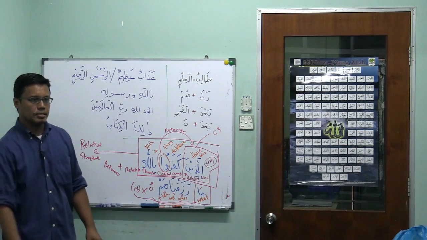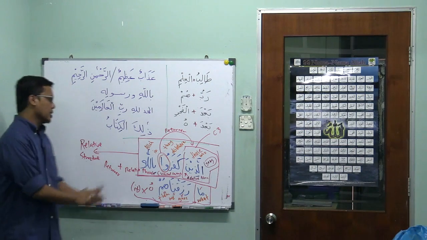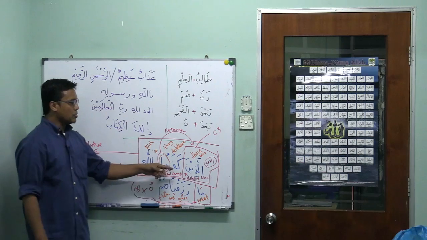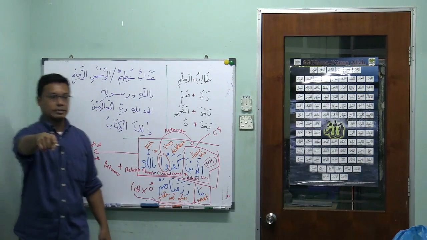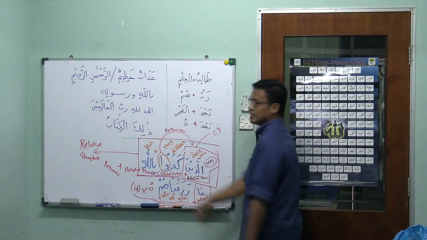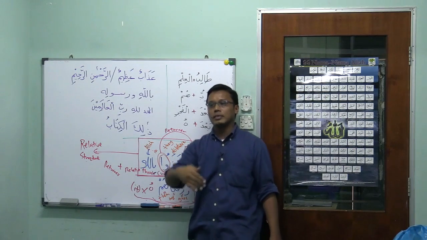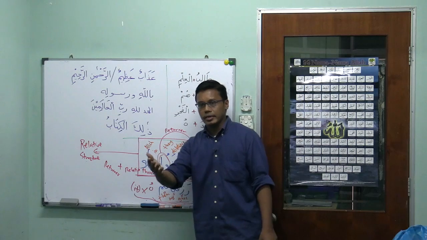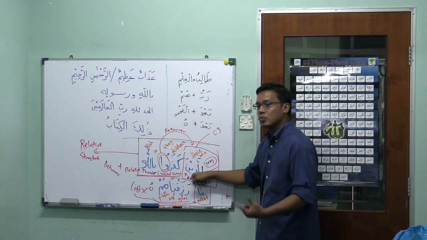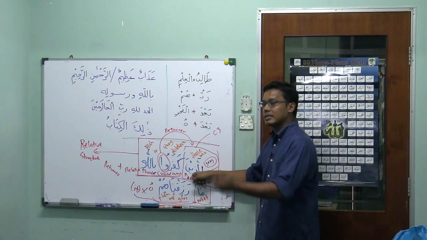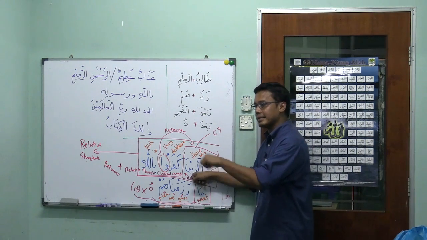Okay, I conclude with the Arabic terms. In case you want to learn in the traditional way, the Arabic terms are written down there. Alladhina is ism mausul, the noun that is connected.